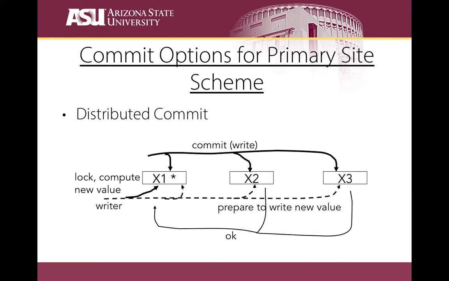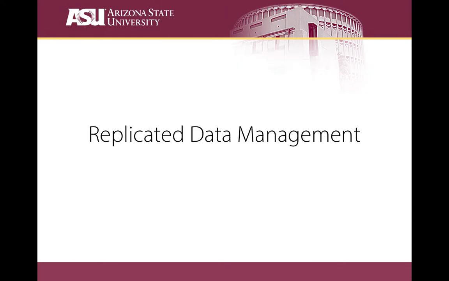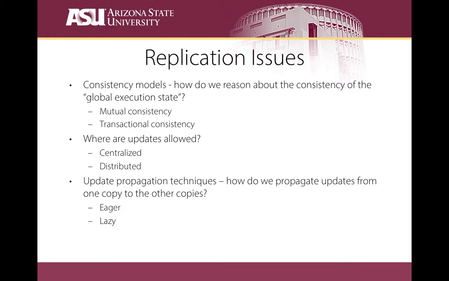All right. So, replication issues. As you can see, we've seen several schemes of how to do that, several ways of achieving this. The idea here is that you want to make sure you achieve something we call mutual consistency.